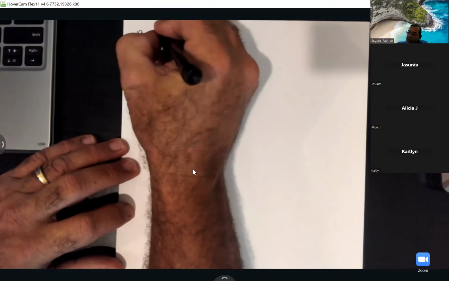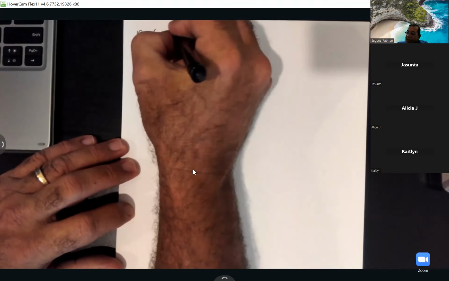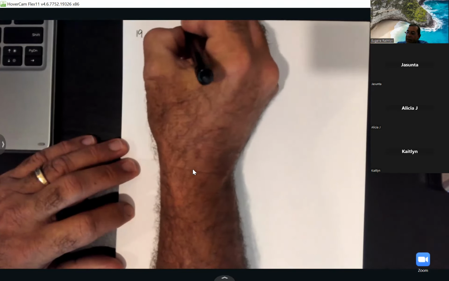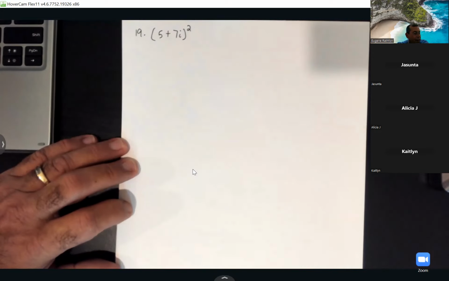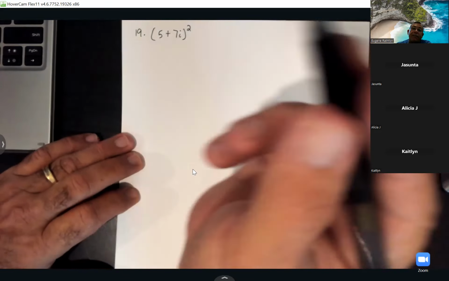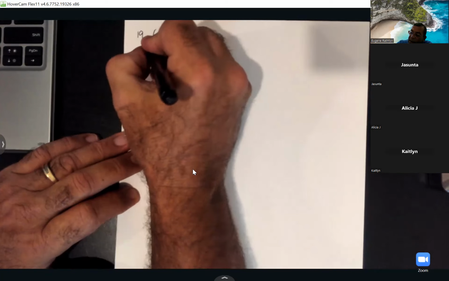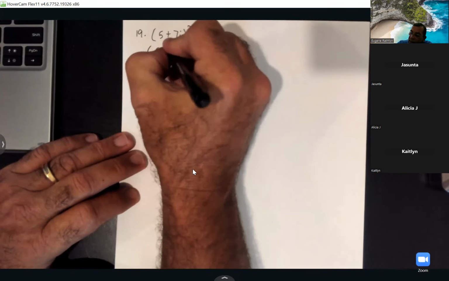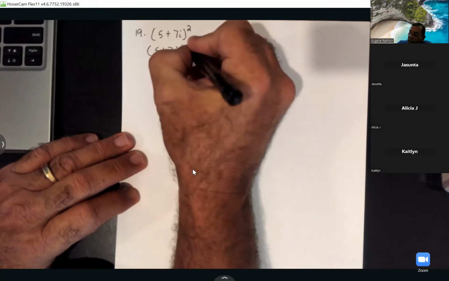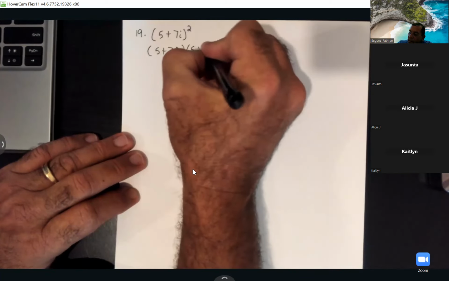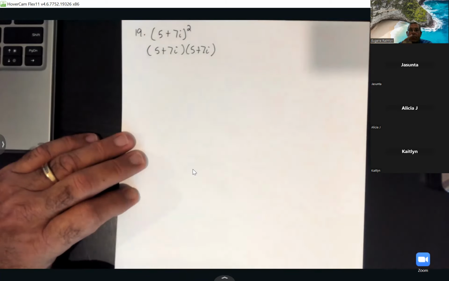All right, how about this? 5 plus 7i squared. So this is another one that's foil in disguise. You would write this twice. And then you would foil this.